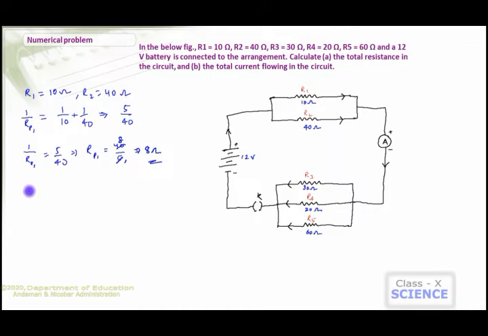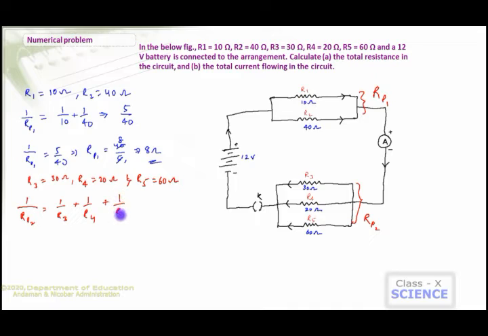Now secondly, parallel 2 we have to find. This is our Rp1, right. Now we have to find this one. This we take as Rp2. For this, the given values we write: R3 is equal to 30 ohm, R4 is equal to 20 ohm, and R5 is equal to 60 ohm. So here 1 by Rp2 is equal to 1 by R3 plus 1 by R4 plus 1 by R5.